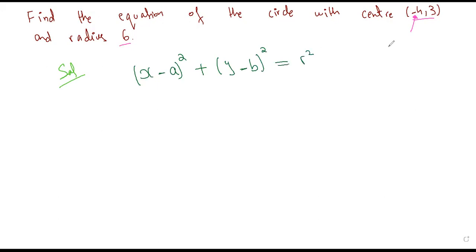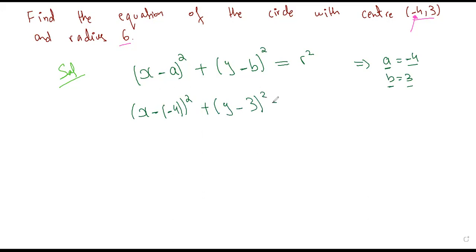What is the center? The center is -4 and 3. This means that a would be -4 and b would be 3, because a is the x coordinate of the center, that is -4, and b is the y coordinate of the center, that is 3. So it would be (x minus -4) squared plus (y minus 3) squared equals r squared.